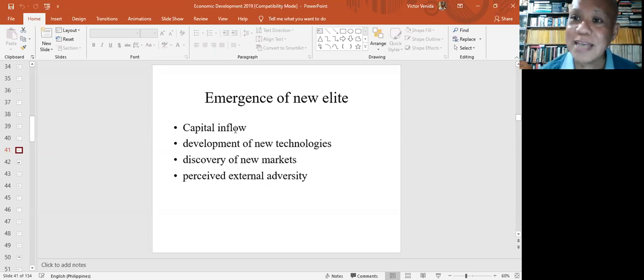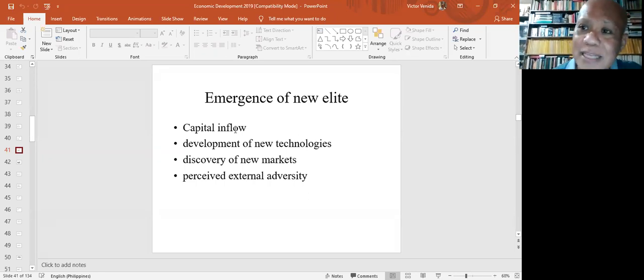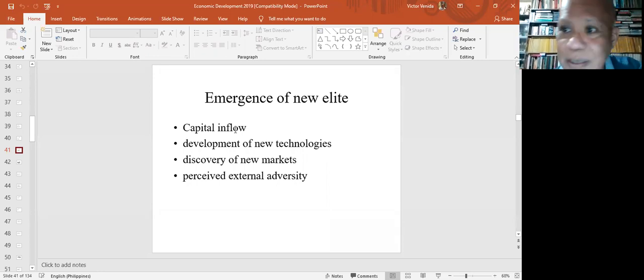Okay. The first is capital inflow. The Industrial Revolution was supposed to have begun sometime in the late 1700s with those widespread technical achievements, inventions, and the like.